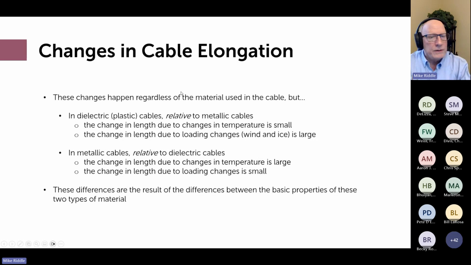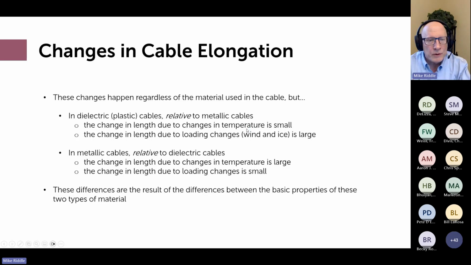So these changes are going to happen regardless of the material type, but that doesn't mean the changes are going to be exactly the same regardless of the material type. So in a dielectric cable, meaning a fancy word for plastic cable, such as an ADSS cable, relative to a metallic cable, what you would see is that the change in length due to change in temperature is small. Again, relative to a metal cable.